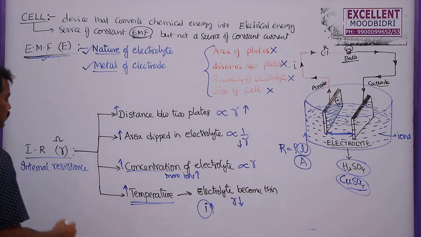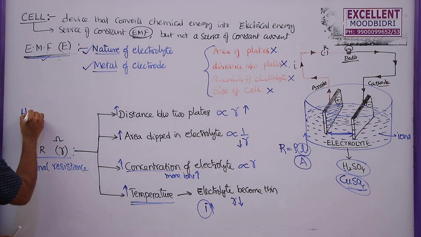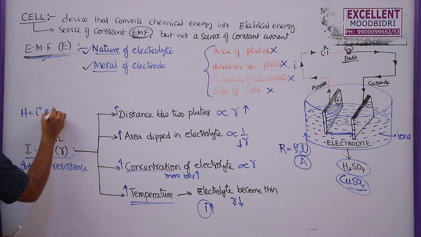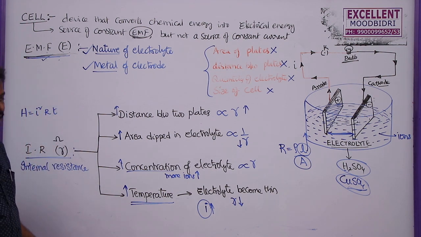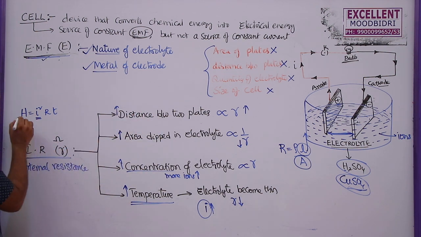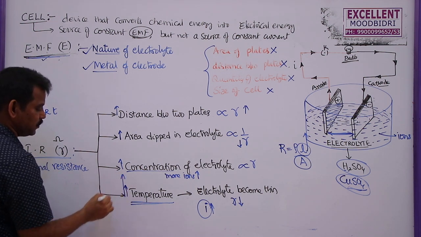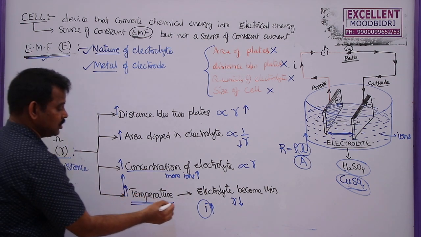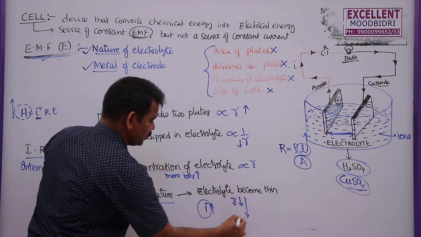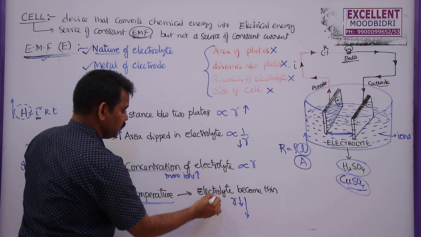Whenever current increases, the heat produced inside a circuit is given by H is equal to I square R T. So within the cell, as the current increases, the heat produced also increases. As heat increases, temperature increases further. So once again, the internal resistance will decrease and the amount of current will increase.